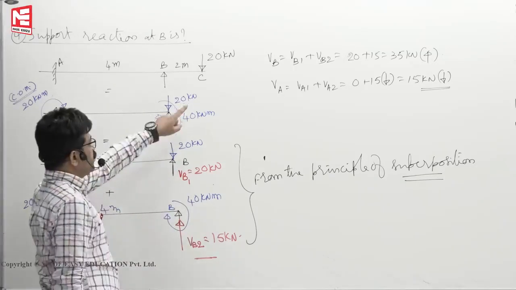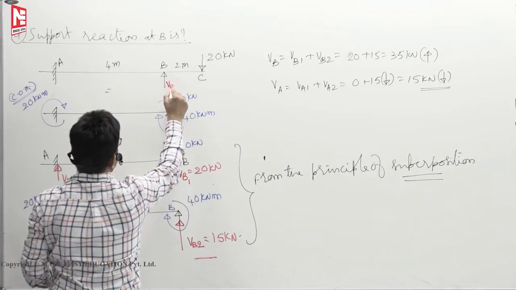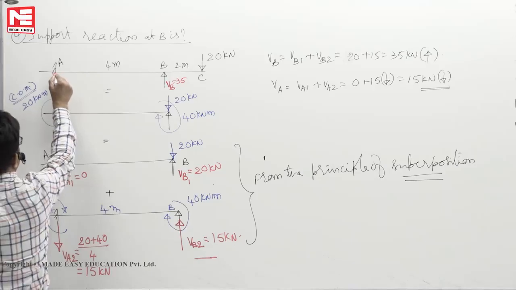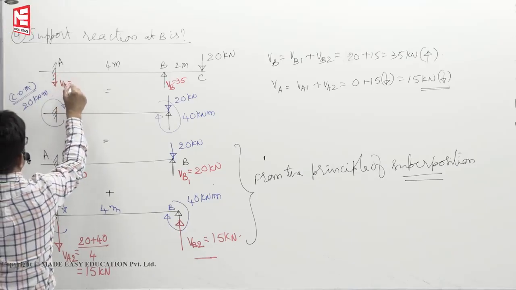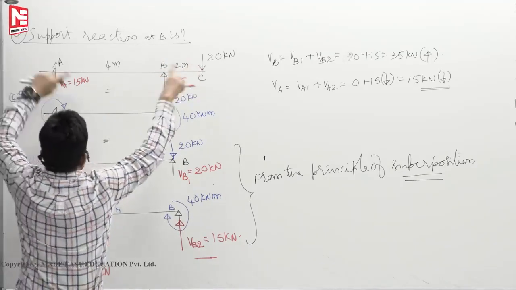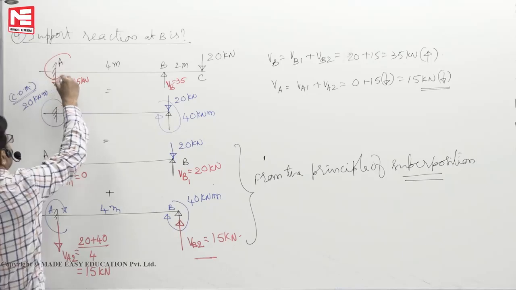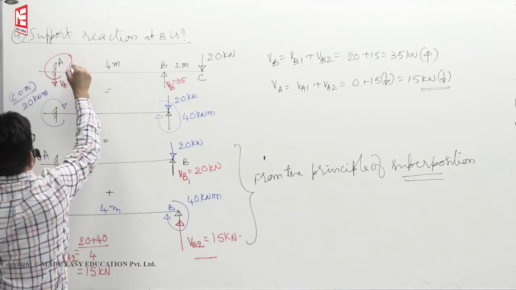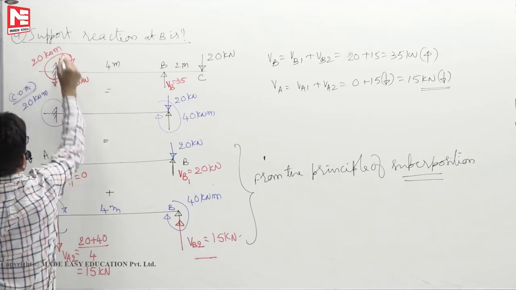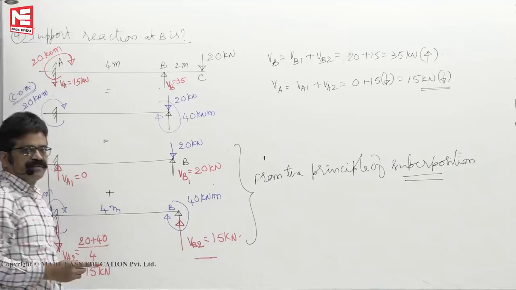Now in the process what happens, here VB is 35, here VA is downward 15. So total downward force is 20 plus 15, 35, upward is 35, and MA, here you got it as clockwise, this is 20. So final reactions are 20 kNm, 15 down, 35 up.